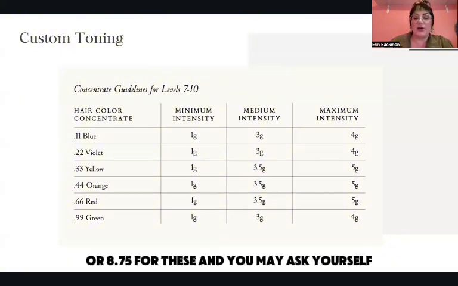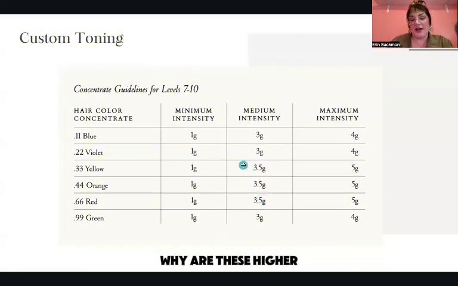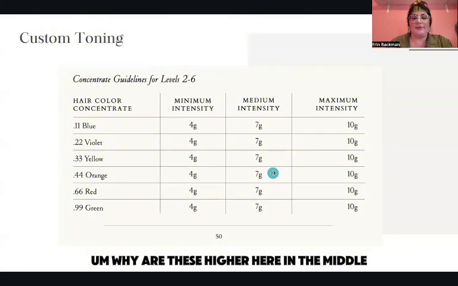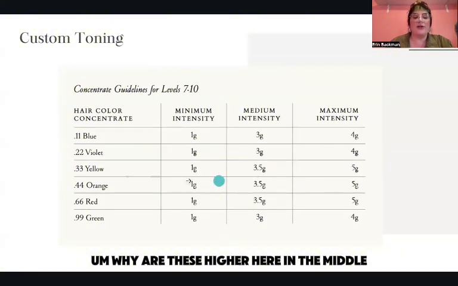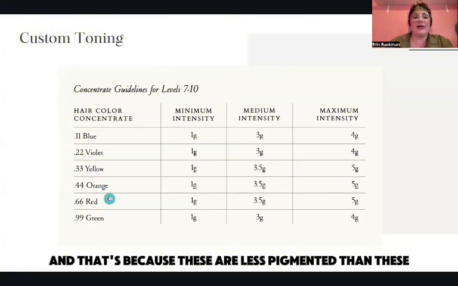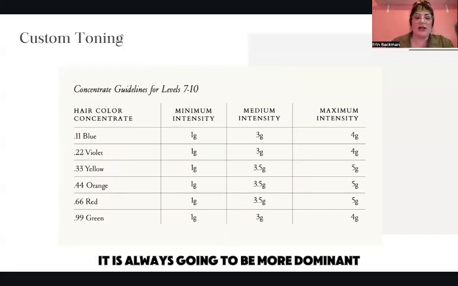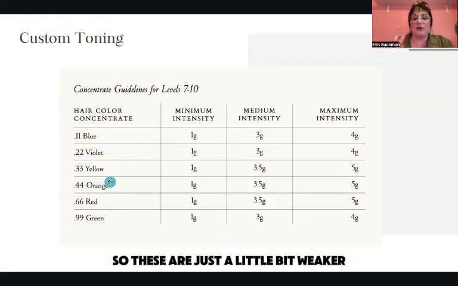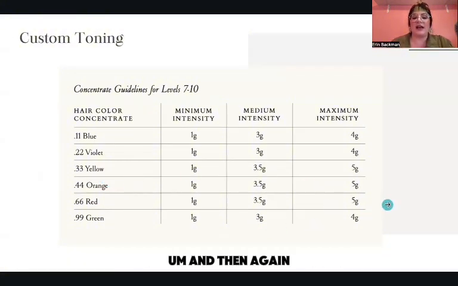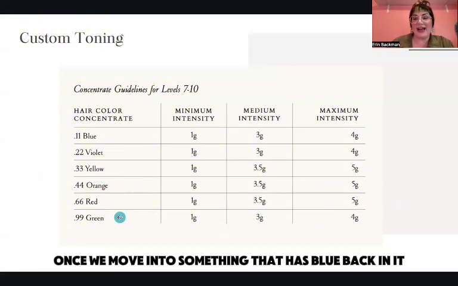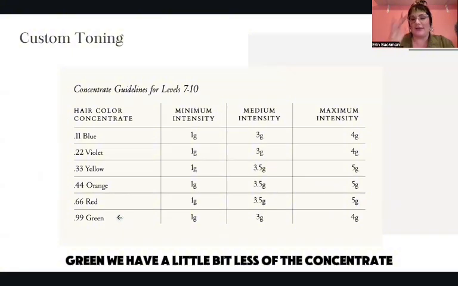or 8.75 for these. And you may ask yourself, why are these higher here in the middle? And that's because these are less pigmented than these two. Anything that contains blue is the strongest primary. It is always going to be more dominant. So these are just a little bit weaker. And then again, once we move into something that has blue back in it, green, we have a little bit less of the concentrate.